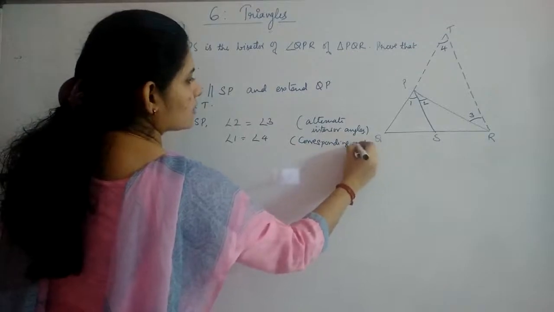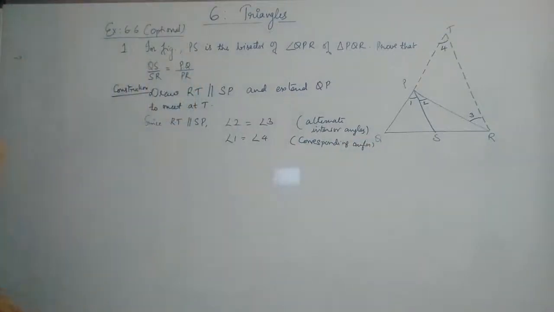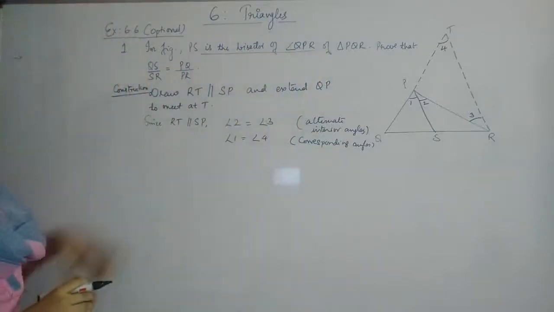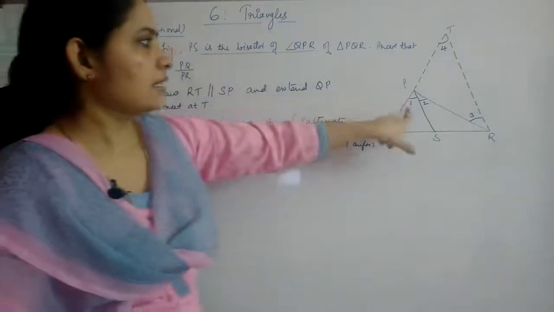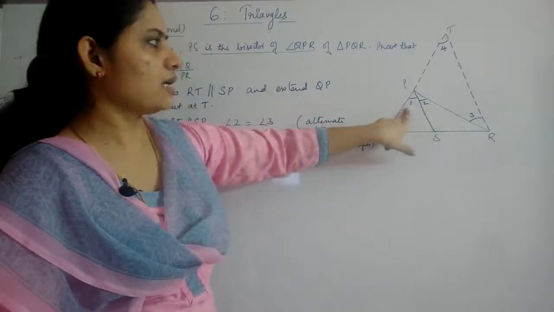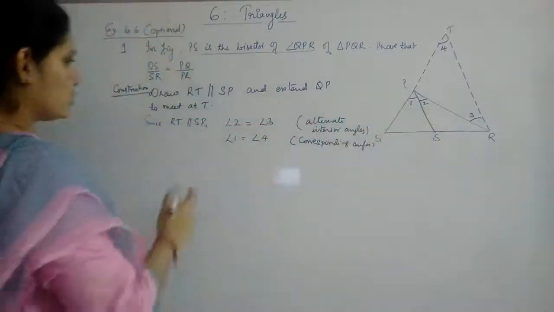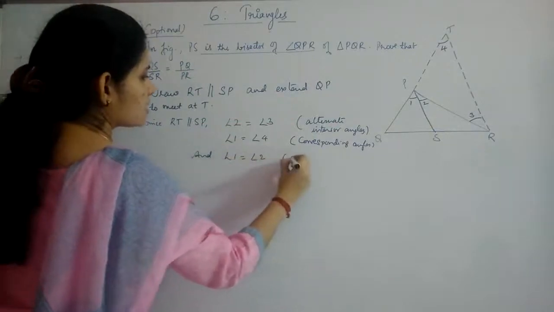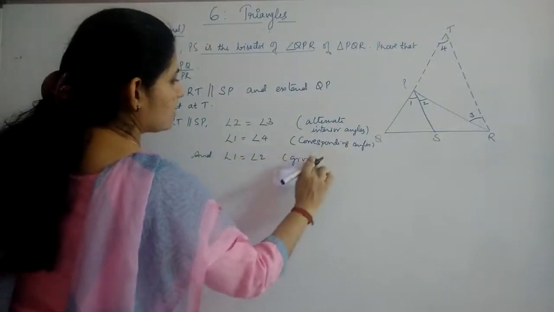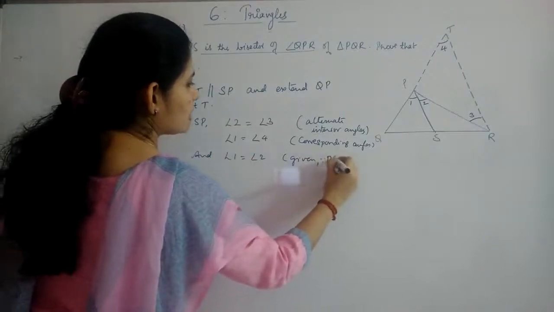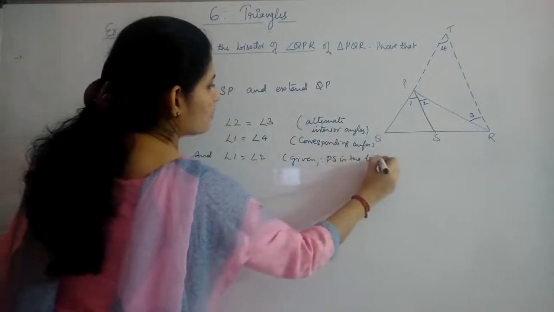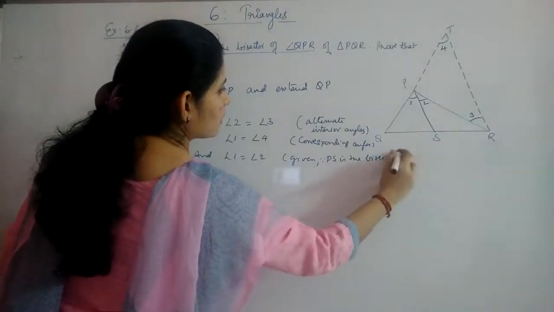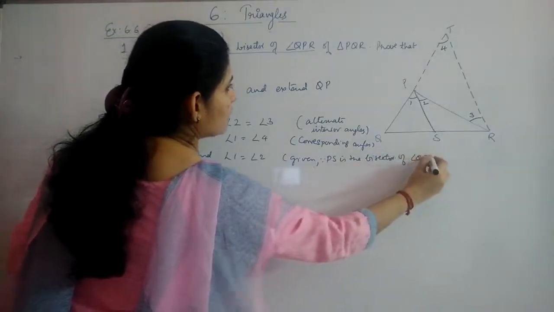The thing which is given in the question is, PS is the bisector of angle QPR. PS is the bisector means this angle will be equal to this one, that is angle 1 will be equal to angle 2. Okay, and angle 1 equal to angle 2 is given in the question, since PS is the bisector of angle QPR.